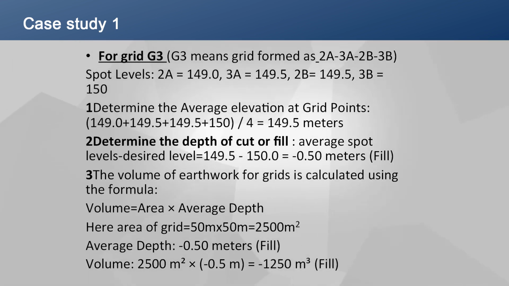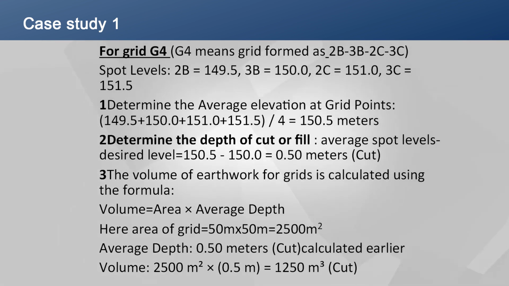Again minus denotes filling. Volume of earthwork we can calculate as area into average depth. Area of the grid is 50 meter by 50 meter, means 2500 square meter. Average depth is minus 0.5 meter, means filling is required of 0.5 meter height. So, volume will come out to be 1250 cubic meter filling volume.